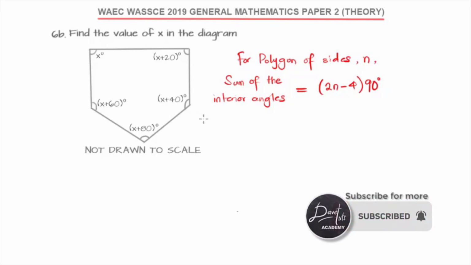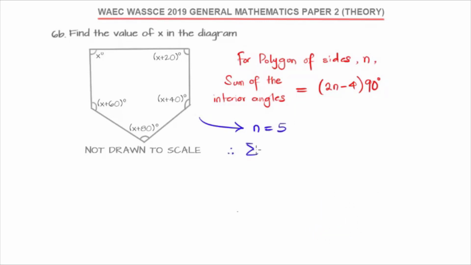For this particular polygon, we have 5 sides, so n is 5, and the sum of the interior angles will be 2 multiplied by 5, minus 4, all multiplied by 90 degrees.